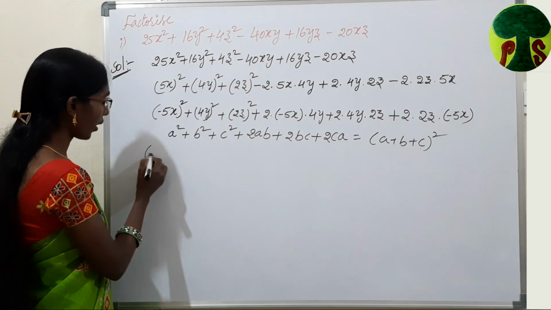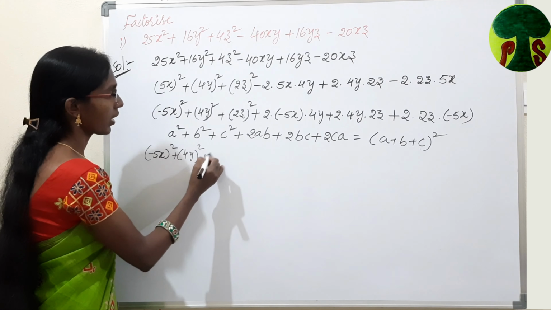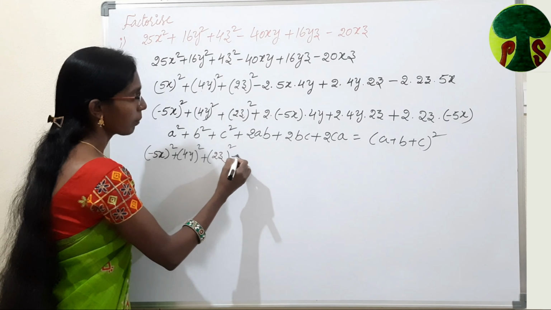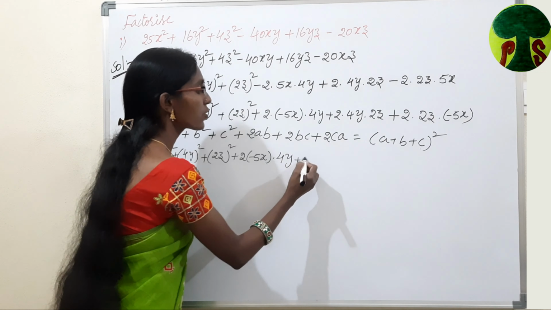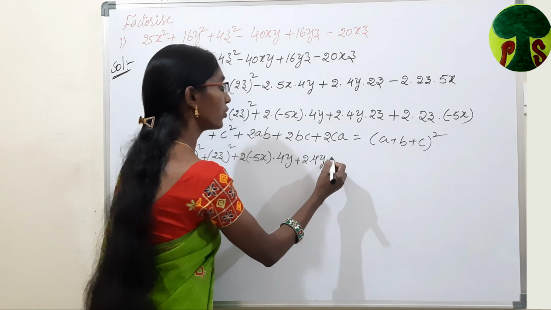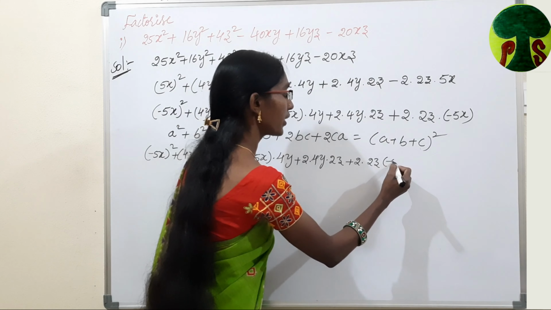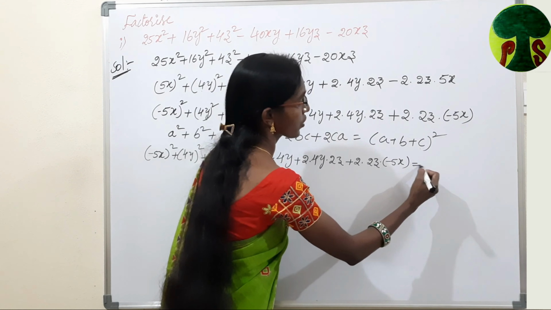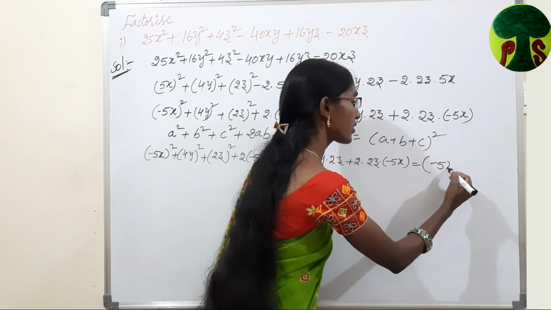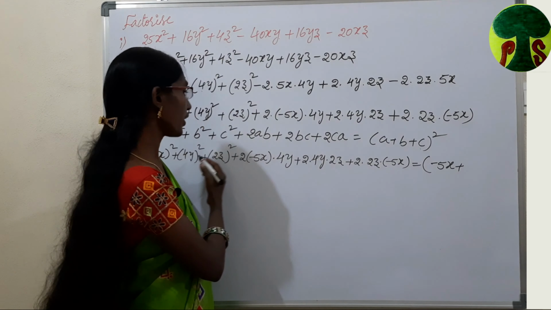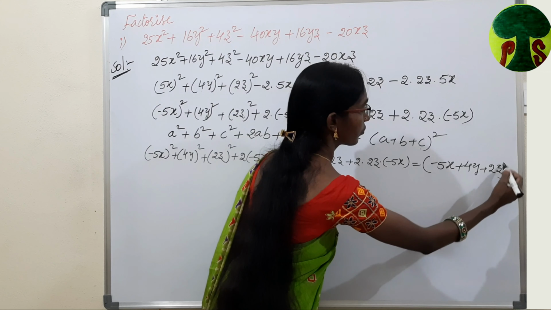So this equals minus 5x whole square plus 4y whole square plus 2z whole square plus 2 into minus 5x into 4y plus 2 into 4y into 2z plus 2 into 2z into minus 5x, which is nothing but minus 5x plus 4y plus 2z whole square.